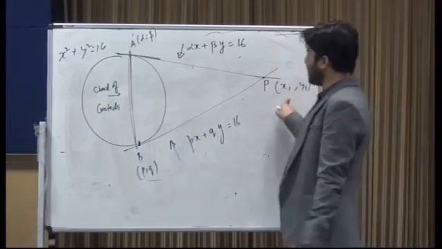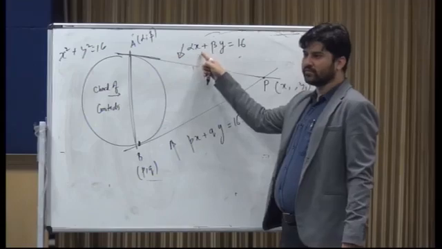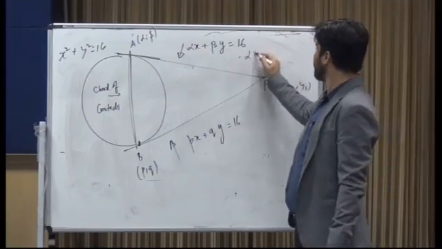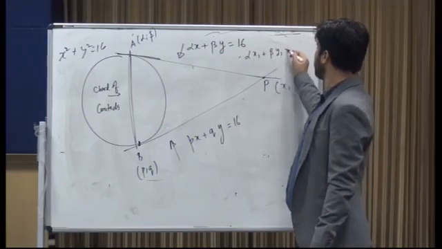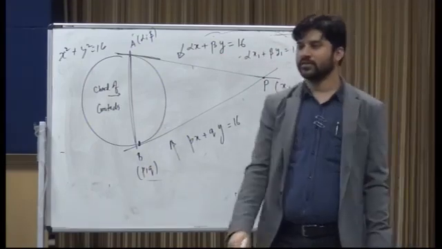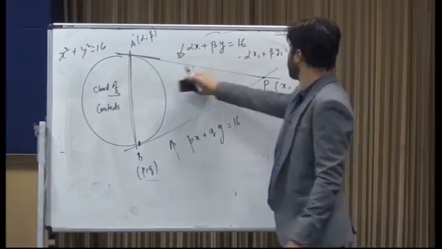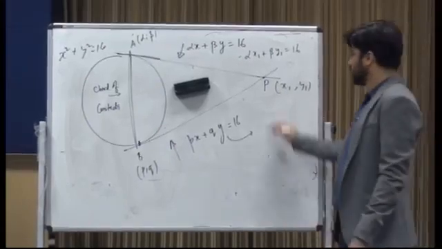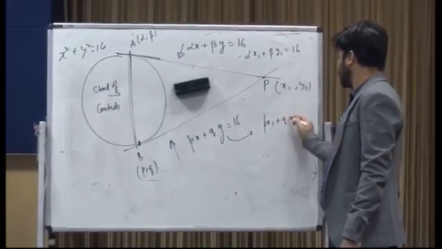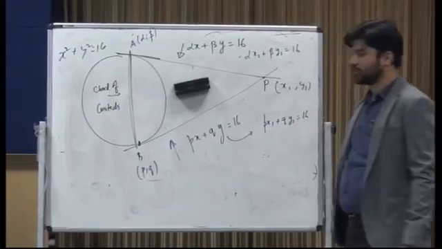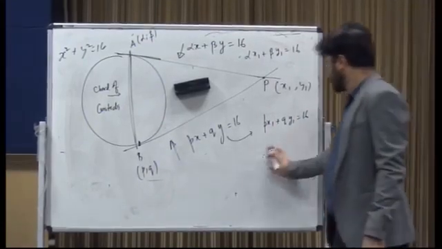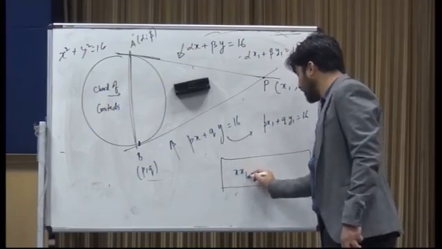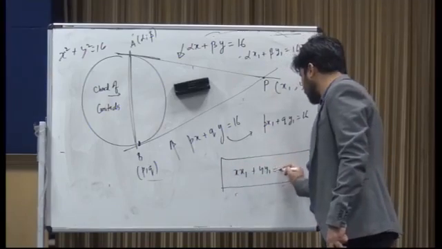Now x1 y1 will satisfy this equation. So can I say alpha x1 plus beta y1 is equal to 16? And this equation also will be satisfied by x1 y1. So can I say p x1 plus q y1 is equal to 16?